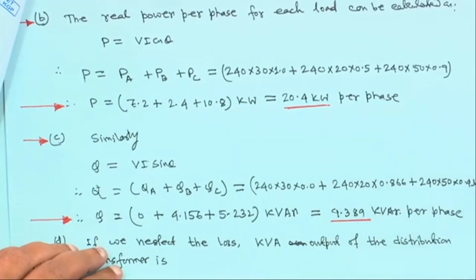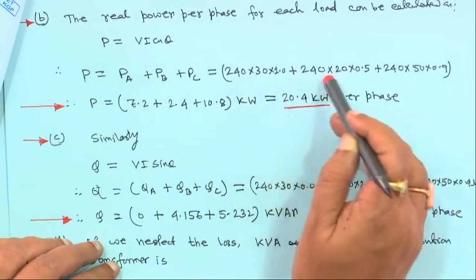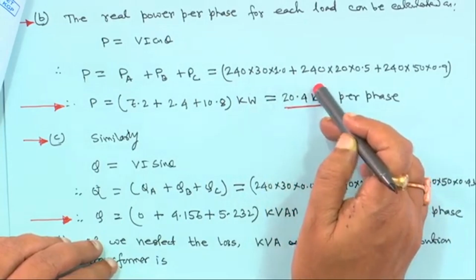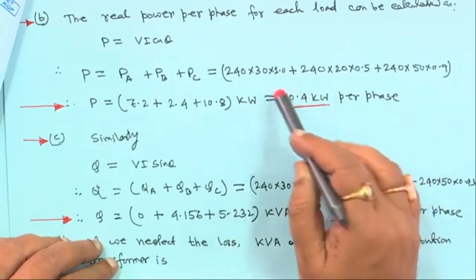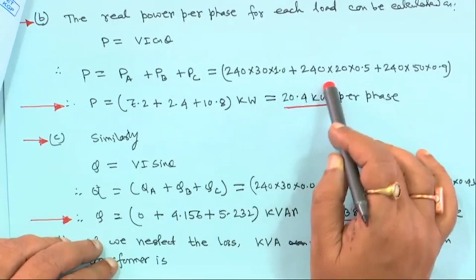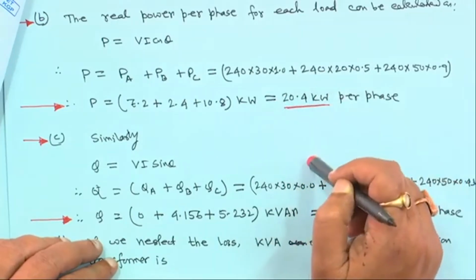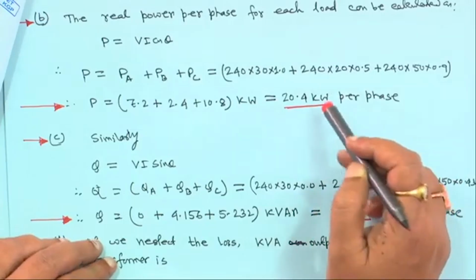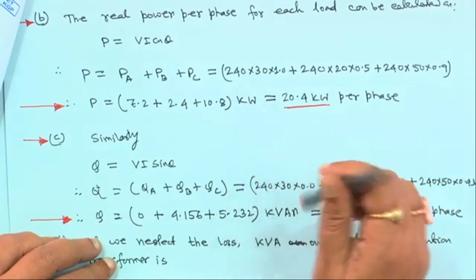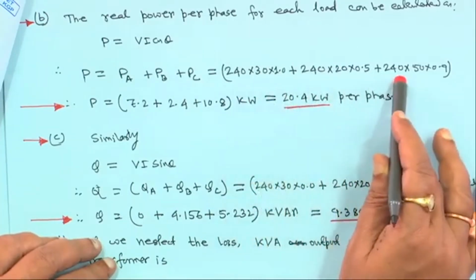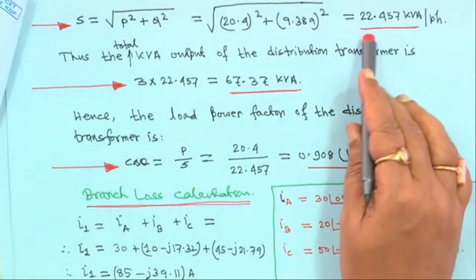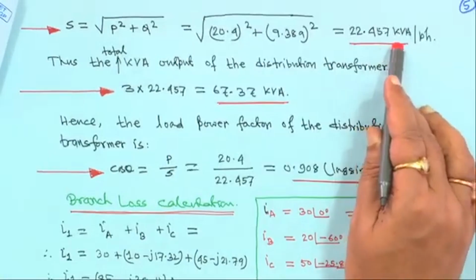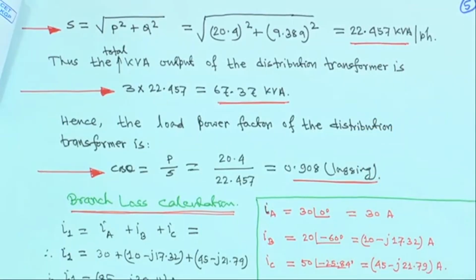These calculations are made on the rated value, because we have to plan the distribution transformer rating. If you go for calculation, you will find VA, VB, VC are less than 240, but for the planning stage, the approximate one, all voltages are taken the same, right. So, it is coming 22.457 kVA per phase, right.